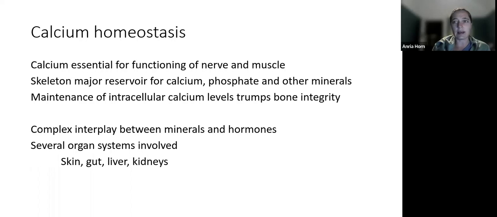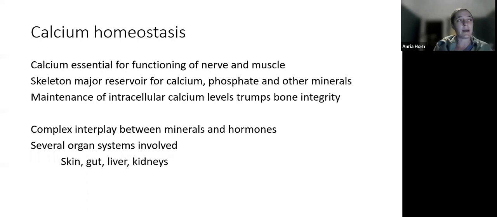The body is geared to maintain the intracellular calcium levels above the extracellular levels, which means that if there's hypocalcemia for any reason, the priority will not be the skeleton. It will be the functioning of the muscles and nerves, everything about the heart, etc. It's all geared or promoted by calcium, amongst other things.